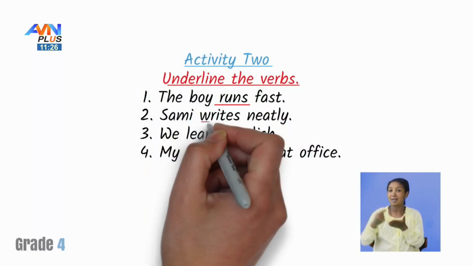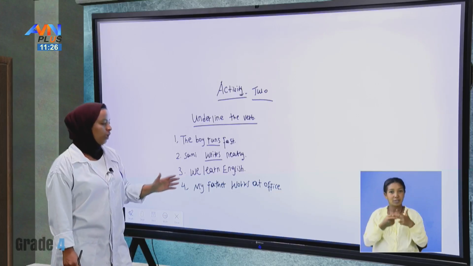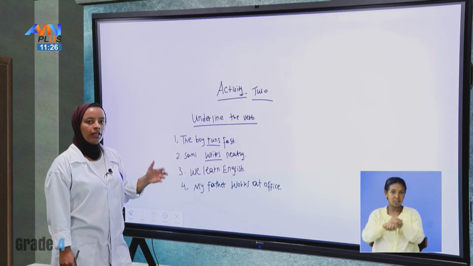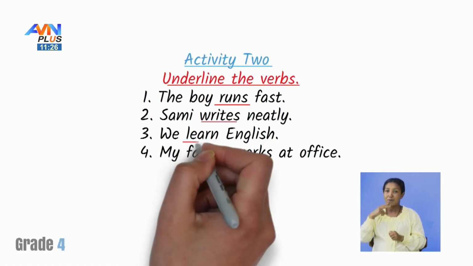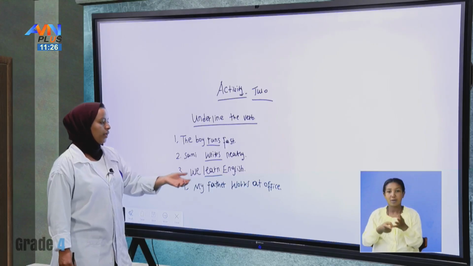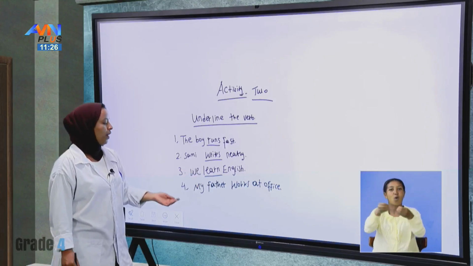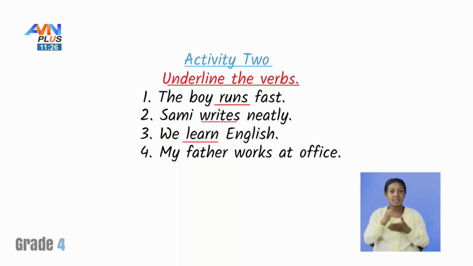Here is writes. Sammy is a subject. And 3, we learn English. Here is a pronoun, we, and here is a verb, learn. 4, my father works at office. Here is a verb, works.